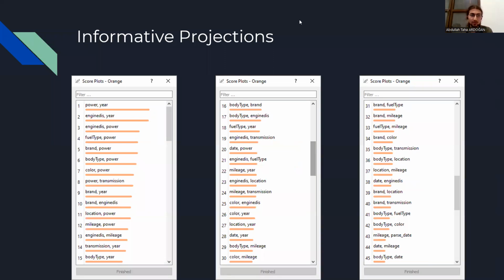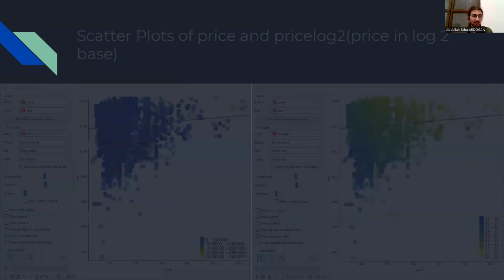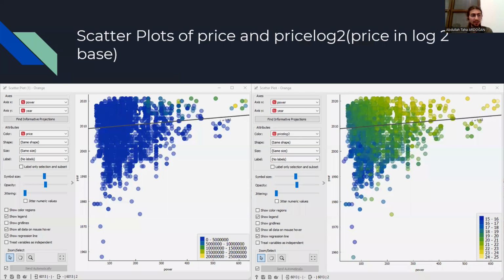This is the normal price projection. As you can see, power, year, and engine displacement are the most related data to the price. This is the price scatter plot.